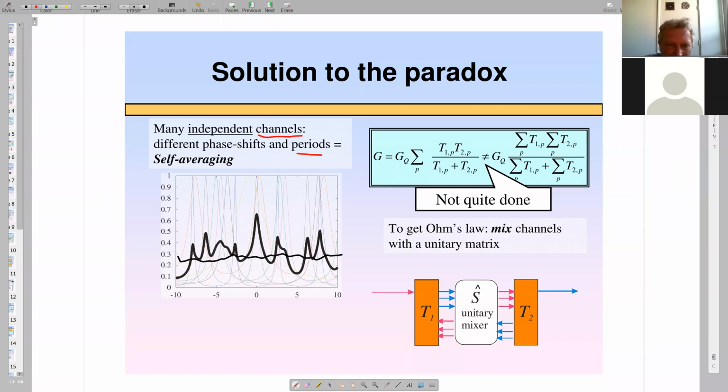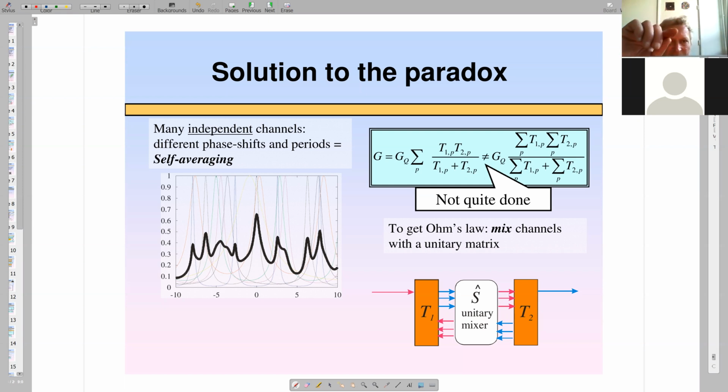Right, and in fact, I've plotted all that. I've taken 6 channels, and each individual colored curve gives this series of transmission resonances. And I just sum up and compute the average resistance, which is given by this thick black line. Well, you see that fluctuations of resistance have become smaller, and it corresponds more to the average resistance.